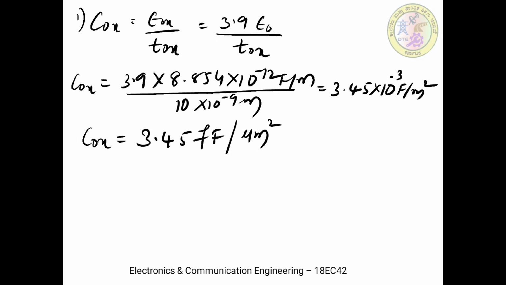Just 3.45 into 10 to the power of minus 3 farad per meter square is expressed in femto units: C oxide equal to 3.45 femto, that is 10 to the power of minus 15 farad, divided by micrometer square, that is 10 to the power of minus 6 square. On simplification, again you get 3.45 into 10 power minus 3 farad per meter square only. So this is the value of the first capacitance, C oxide.